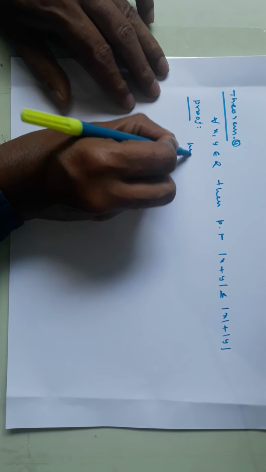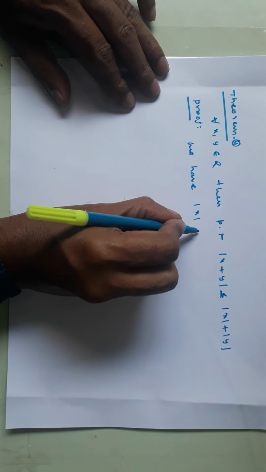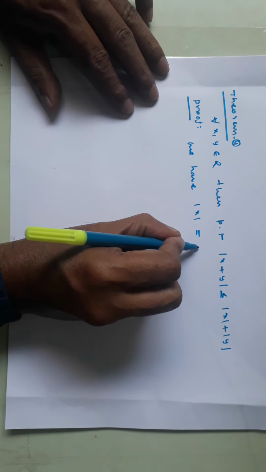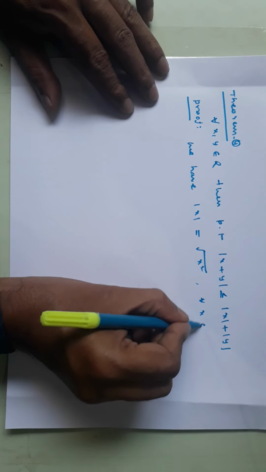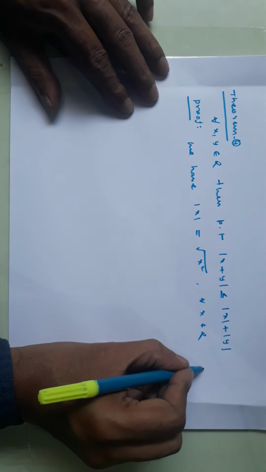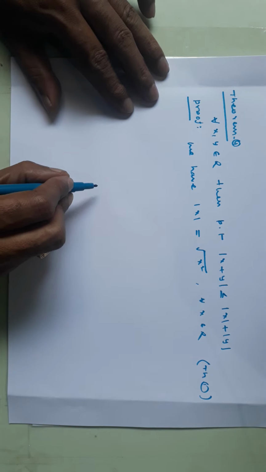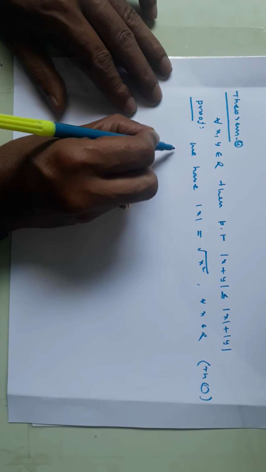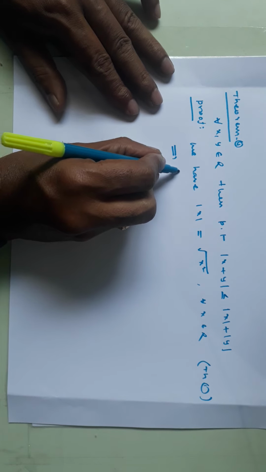We have mod x is equal to root of x square, for all x belongs to R. It is theorem 1 also. This implies in place of x we take x plus y.